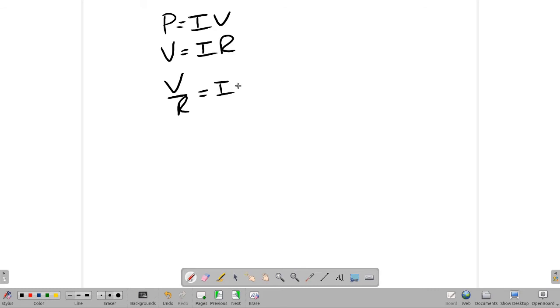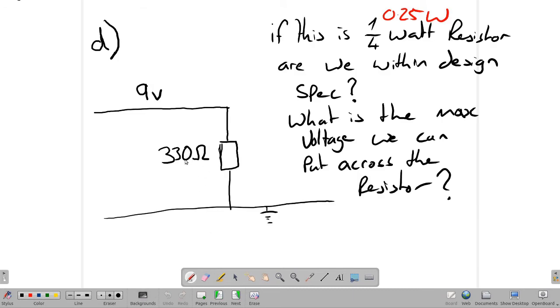Then we can substitute that I into the top equation to give us P equals V squared over R. Now we can just put in our values. We've got a resistance of 330 and a voltage of 9.